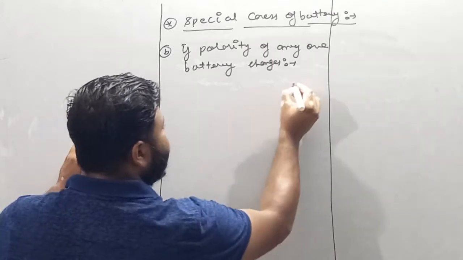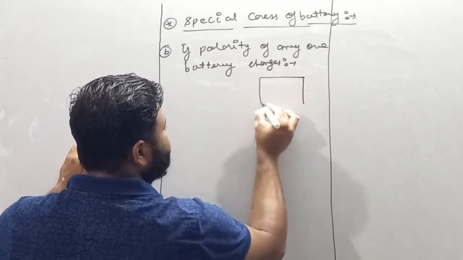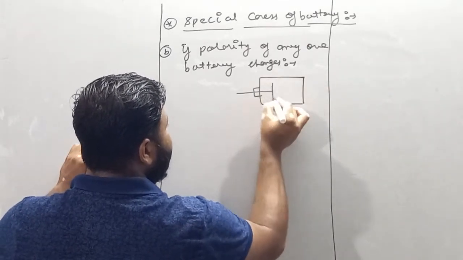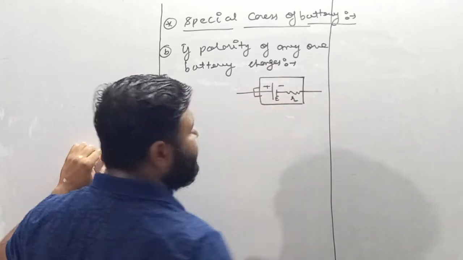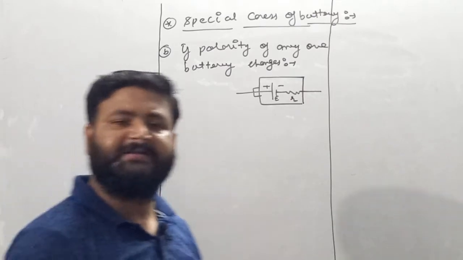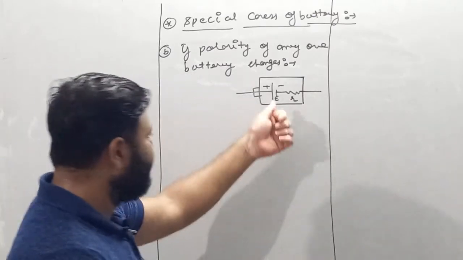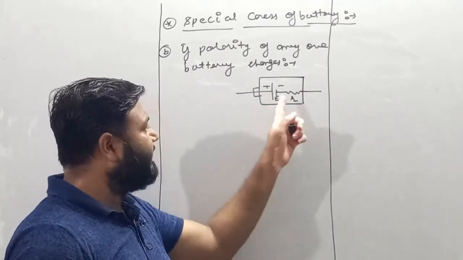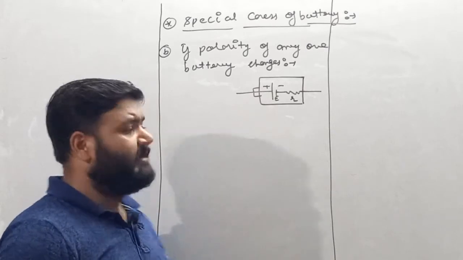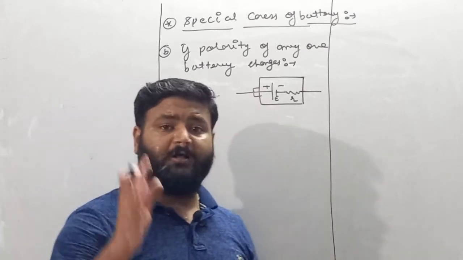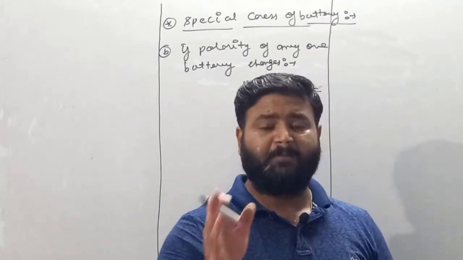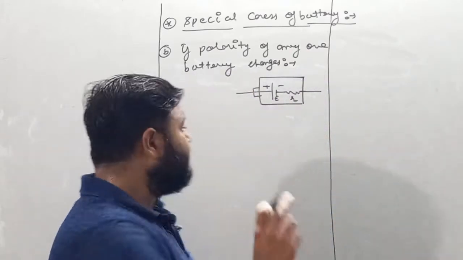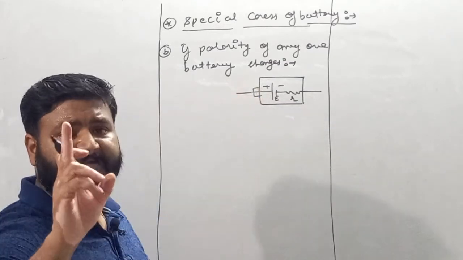Let's suppose we have three batteries connected in series, and all the batteries carry the same EMF E and the same internal resistance R. But here I am changing the polarity of any one battery.